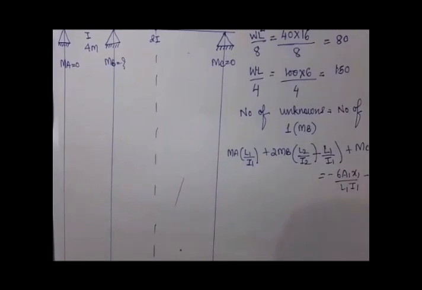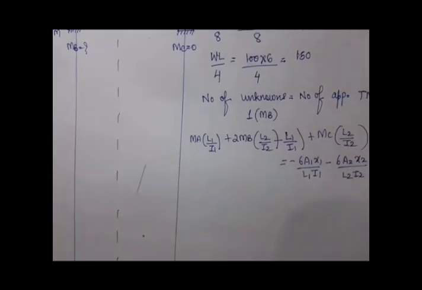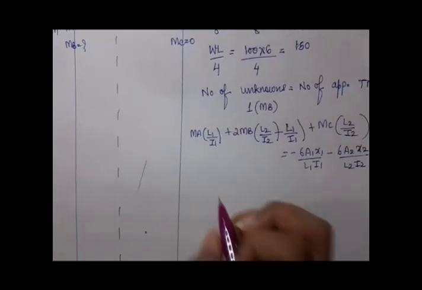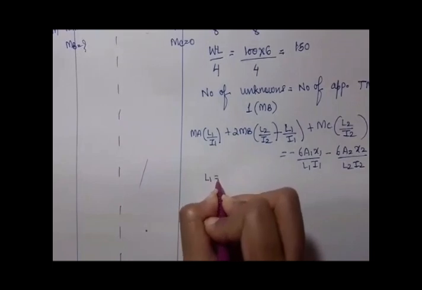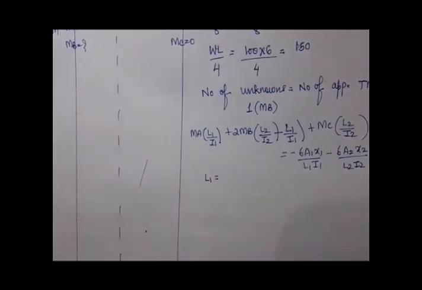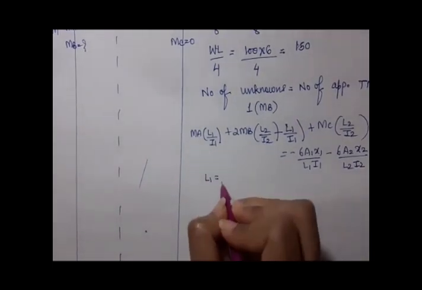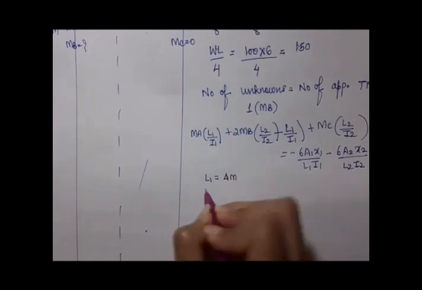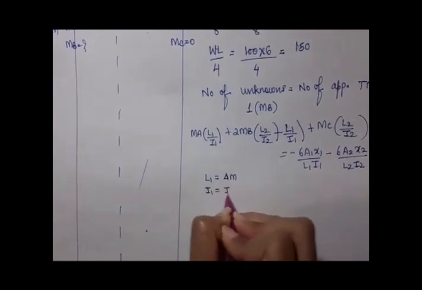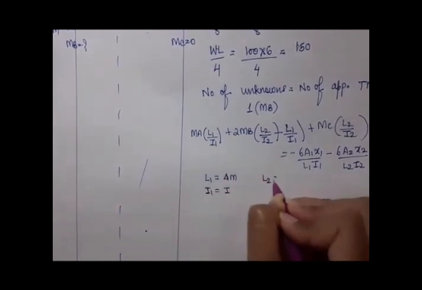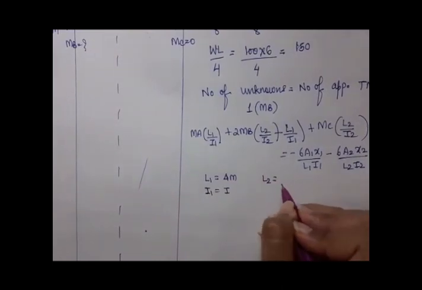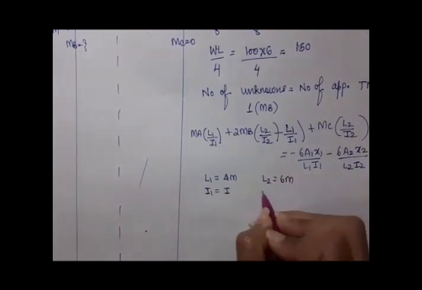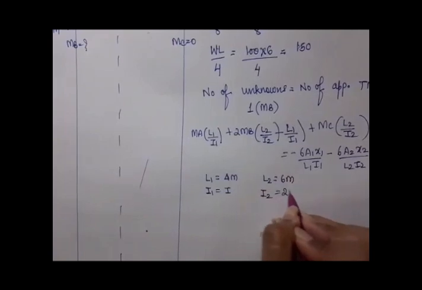So here first we would be summarizing the things like how much L1 value is, how much L2 value is. So first of all, what is L1 value? That is the first beam span AB. So the length of that is 4 meter. I1 is I. L2, that is span BC, the length is 6 meter overall, and I2 is 2I.